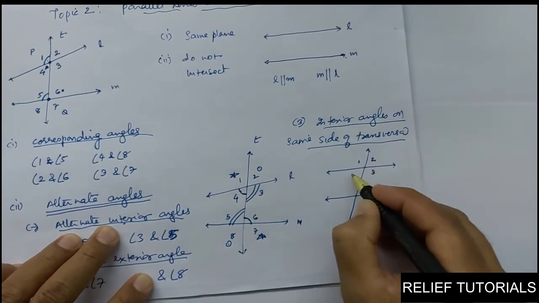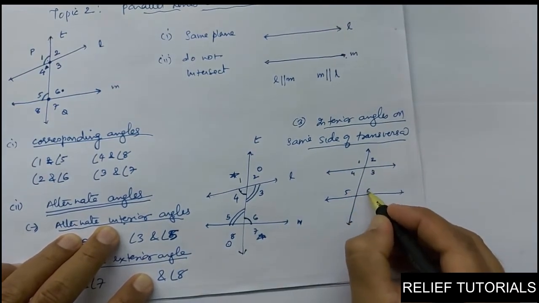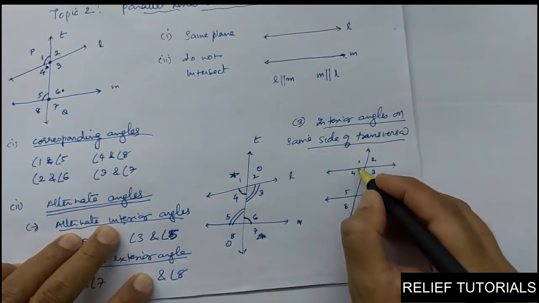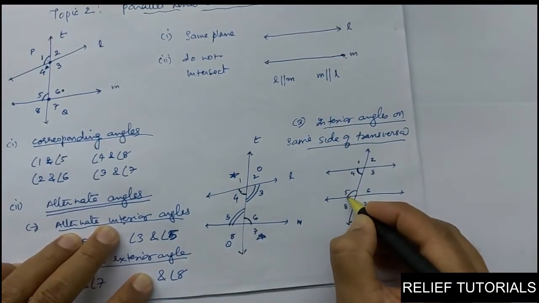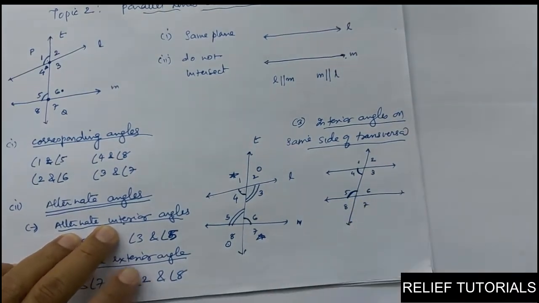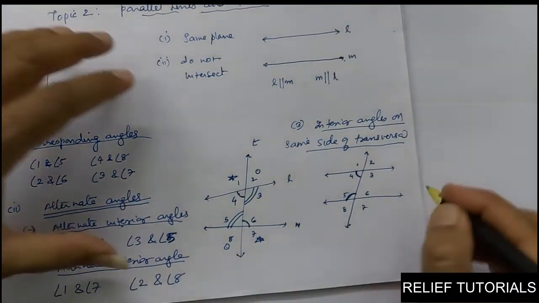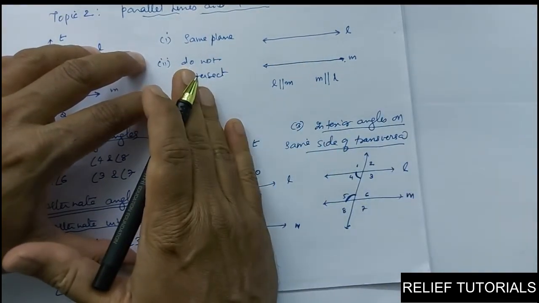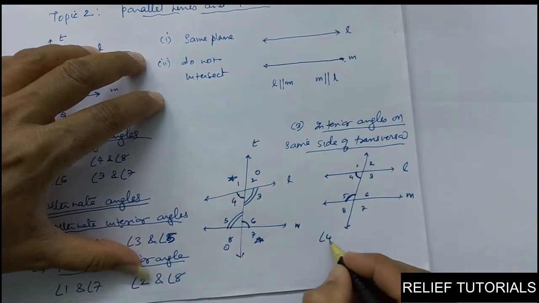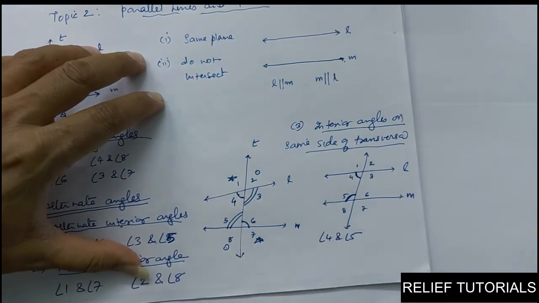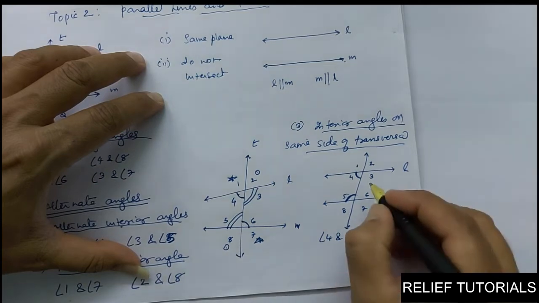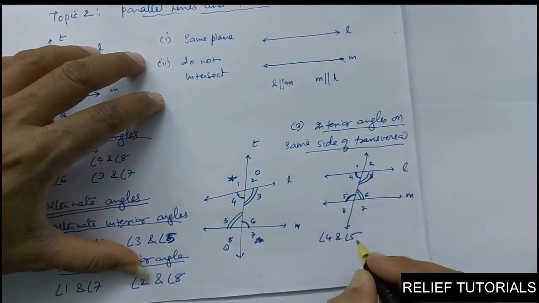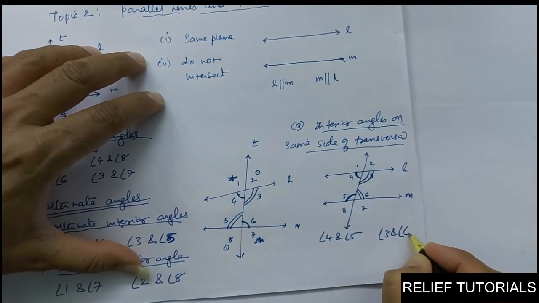Number 1, 2, 3, 4, 5, 6, 7, 8. Always in clockwise direction you have to start. So this angle is an acute angle and this angle is an obtuse angle. These two are interior angles. They are lying within the lines L and M, and they are on the same side of the transversal. So I can say angle 4 and angle 5 are the interior angles on the same side of the transversal. Similarly, these two angles, angle 3 and angle 6.